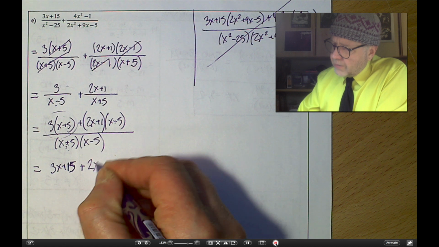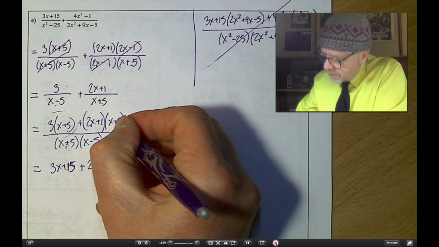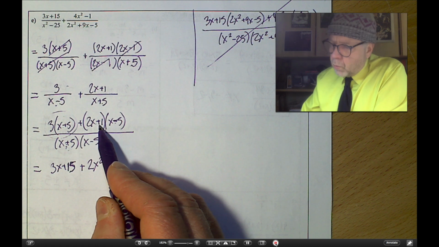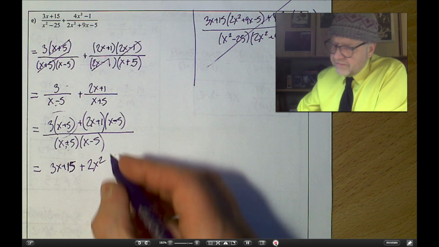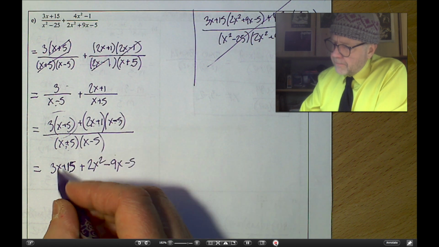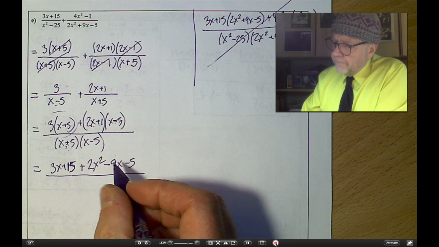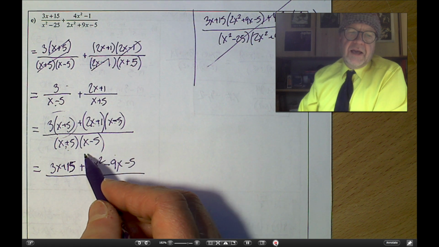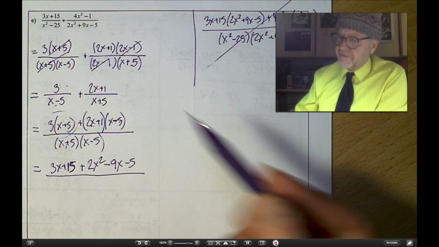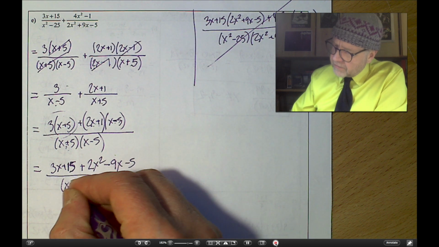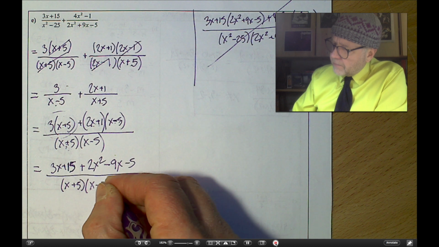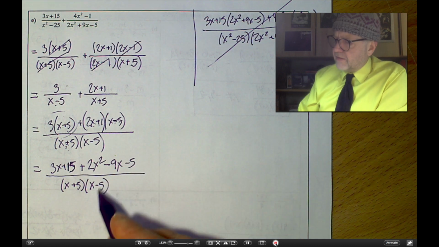That's 2x squared minus 10x plus 1x, so that's minus 9x, minus 5, all over x plus 5 times x minus 5. I know you can multiply that out to get x squared minus 25, but let's just leave it here for now, because the goal is to leave it in the most simple format, and this is simpler than that.